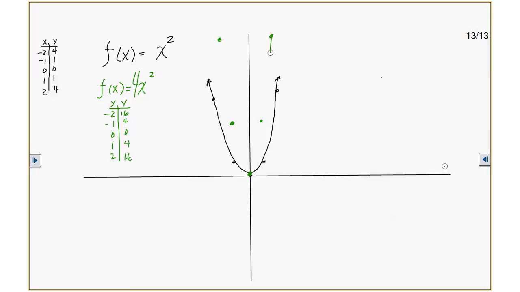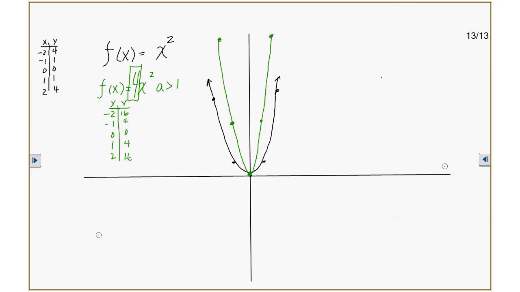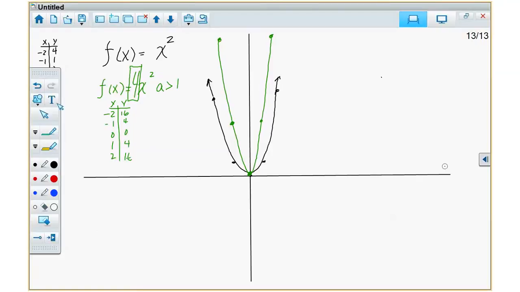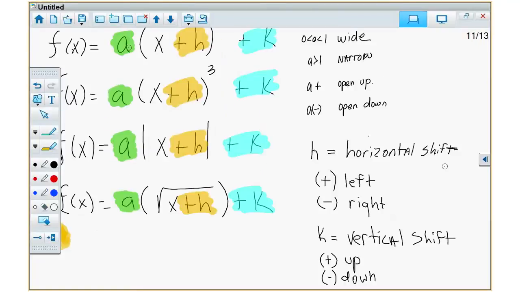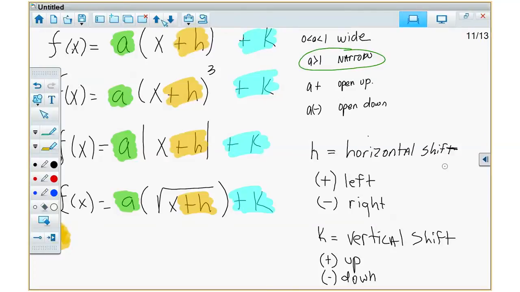What do you notice about the green one? It's narrow because A is greater than what? Greater than 1. Remember on the previous slides, I told you that when A is greater than 1, it's going to be more narrow than the basic model.